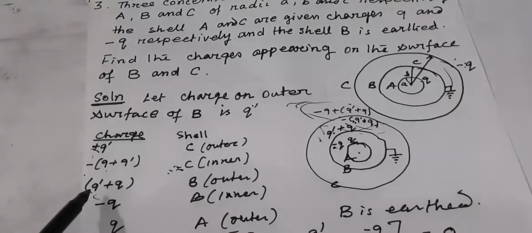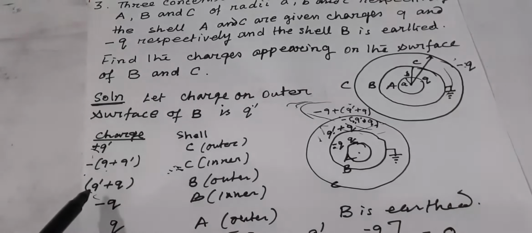Then we can go for potential. Potential is known: V equals 1 by 4 pi epsilon naught times the charge on shell A divided by distance. We are calculating potential on shell B, that means b will be the distance, plus the charge on shell B, q dash, divided by b, plus the outermost charge, which is only minus q, as given in the problem, that is minus q over c, and that will be equal to 0.